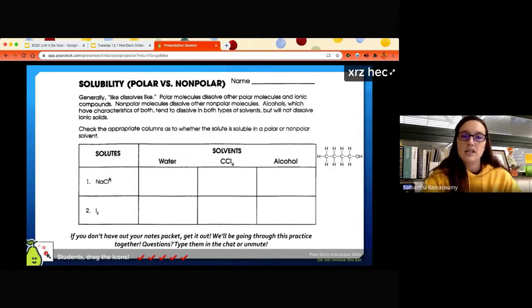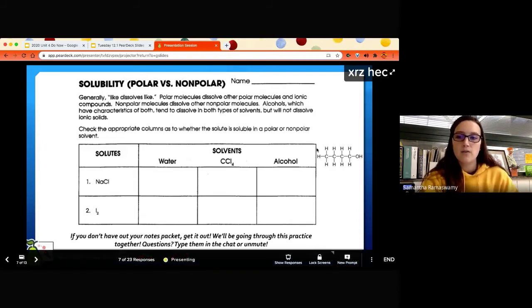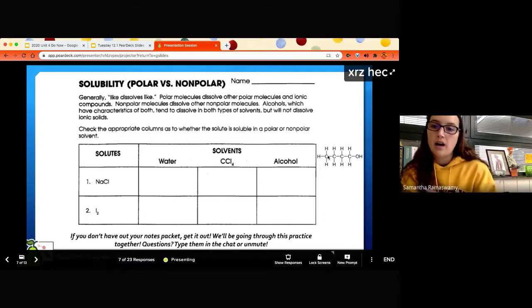And alcohols, I actually put a picture of, this is butanol. It's an alcohol. I put a picture of the Lewis structure of butanol on the slide so that you can actually see what it looks like. But it says alcohols have characteristics of both polar and nonpolar, and they will dissolve both types, both polar and nonpolar substances, but not ionic.